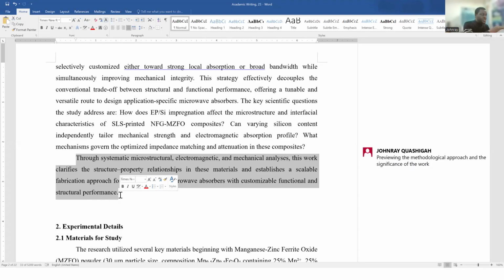So you see that through systematic microstructure and electromagnetic and mechanical analysis, this work clarifies the structure-property relationship in this material, establishing a scalable fabrication approach. So he is telling you the process or methodology he or she is going to use to achieve this aim or objective in the introduction.